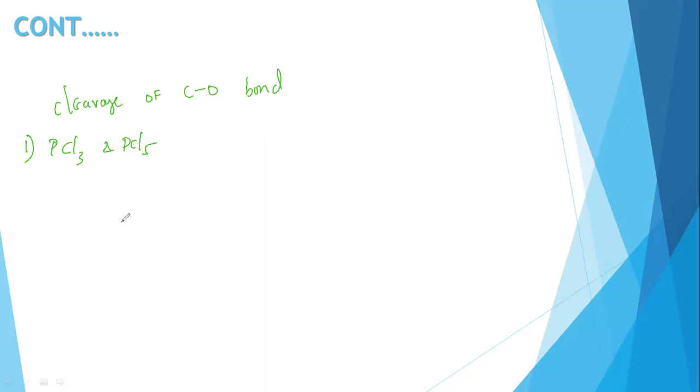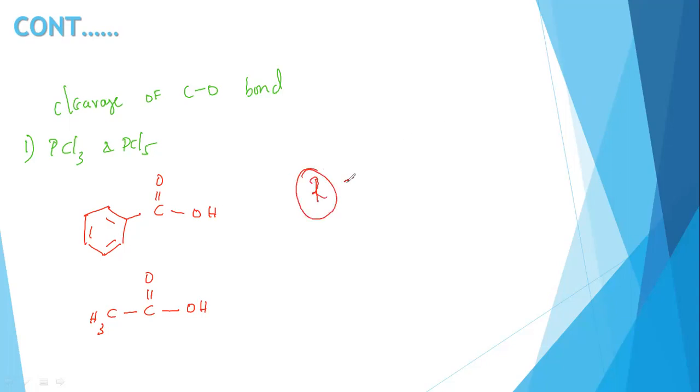So first, the carboxylic acid, R-COOH. These both are carboxylic acids.